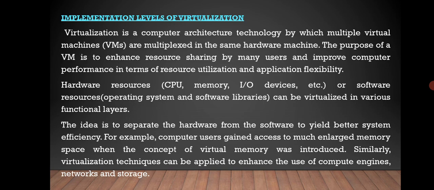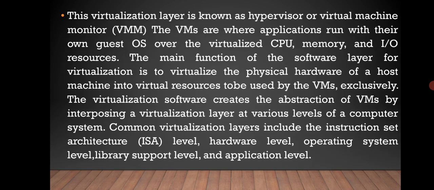The idea is to separate the hardware from the software to yield better system efficiency. For example, computer users gained access to much enlarged memory space when the concept of virtual memory was introduced. Similarly, virtualization techniques can be applied to enhance the use of compute engines, networks, and storage. This virtualization layer is known as hypervisor or virtual machine monitor, that is VMM.